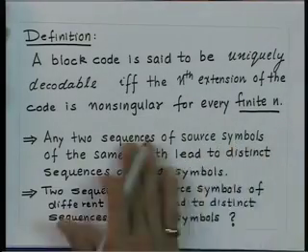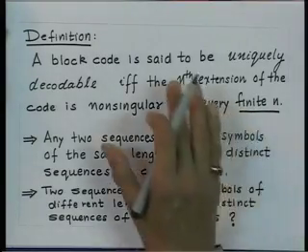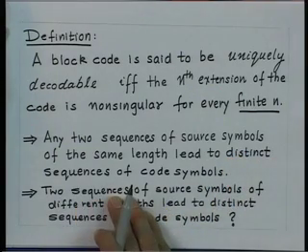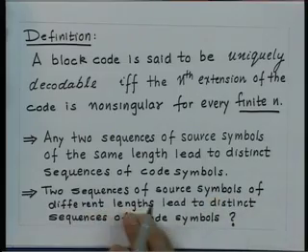Now this is not very difficult to see because it is by the definition of uniquely decodable. But we also desire that two sequences of source symbols of different lengths lead to different sequences of code symbols. Now, this is not very clear from this definition. So, let us try to prove this.